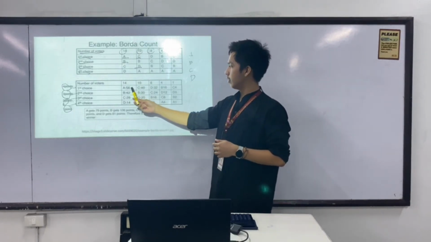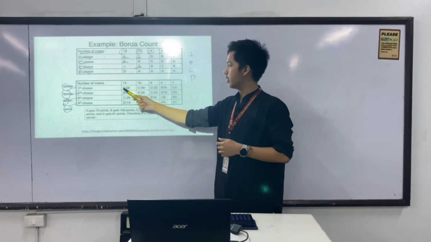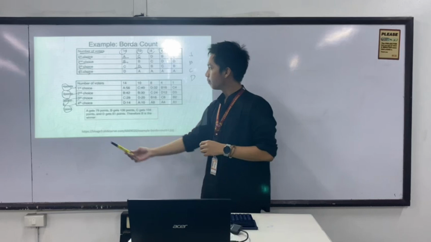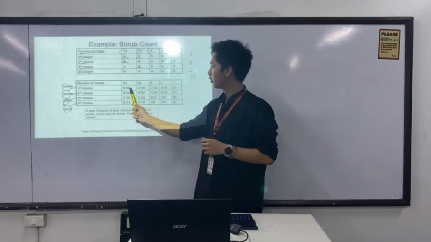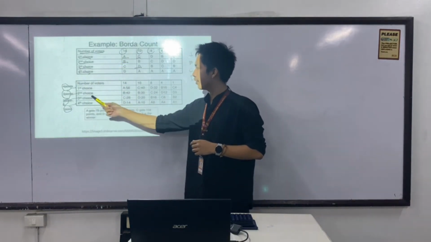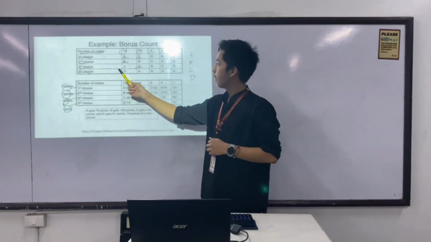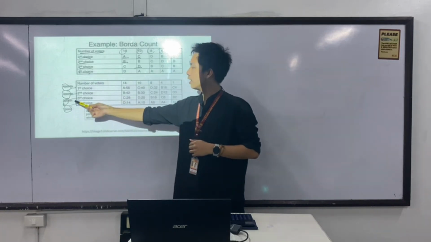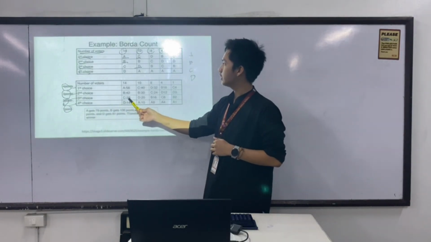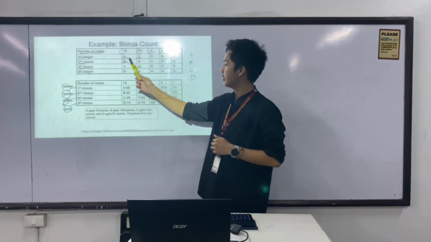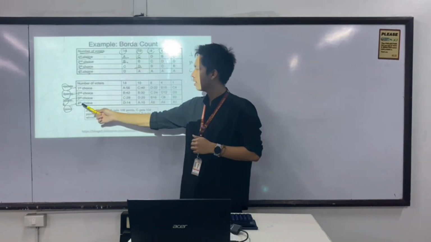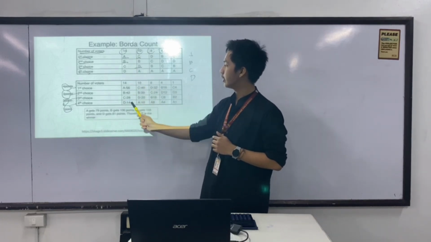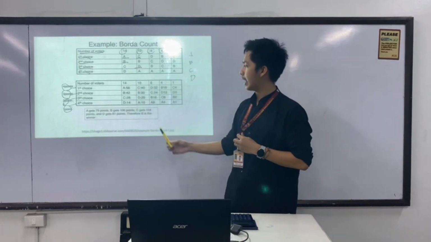To get this cell, A is equal to 56, 4 times 14 is equal to 56. 3 points for the second choice, B: 3 points times 14 is equal to 42 points. 2 points for the third choice is 2 points times 14 is equal to 28 points, and the fourth choice, 1 point times 14 is equal to 14, and so on.